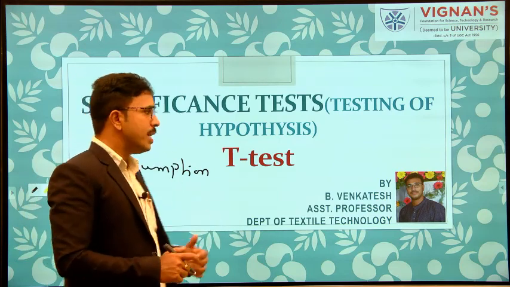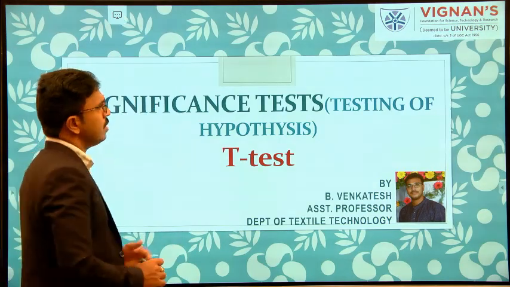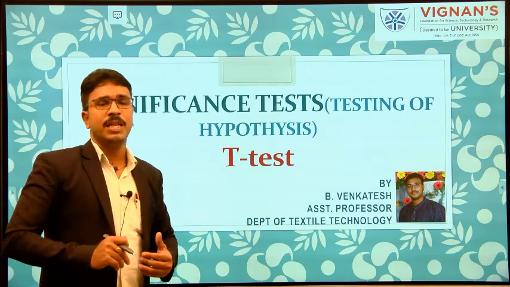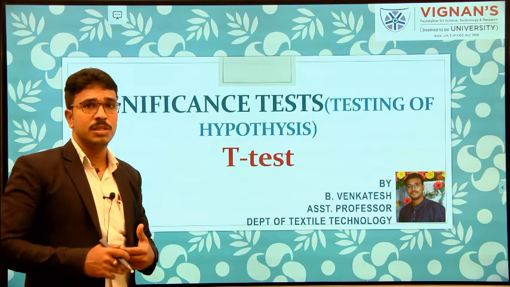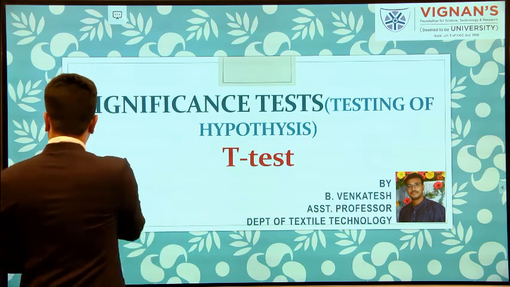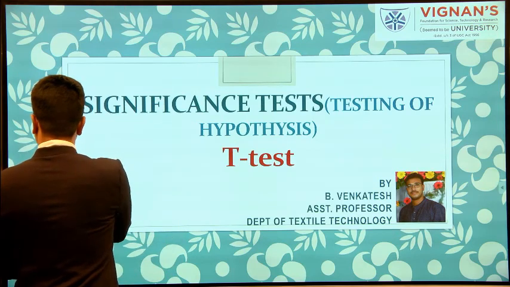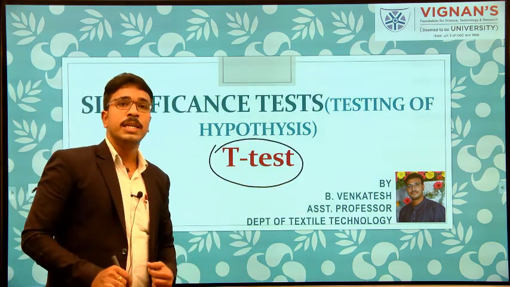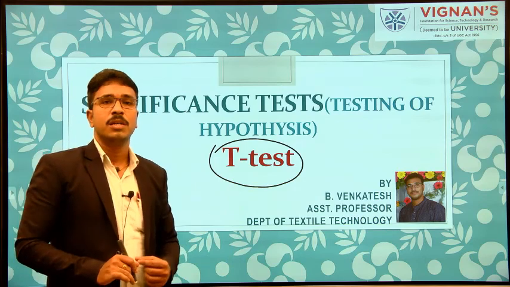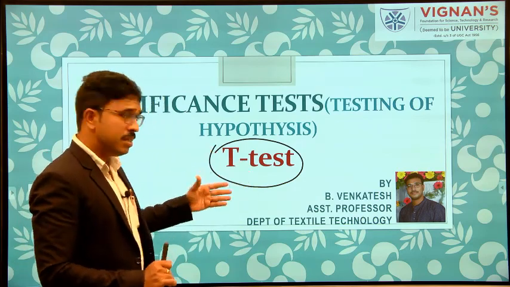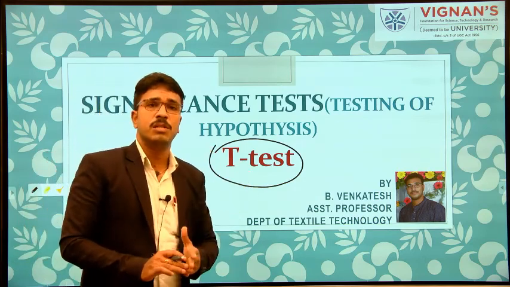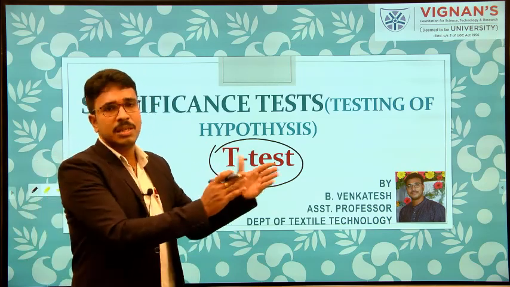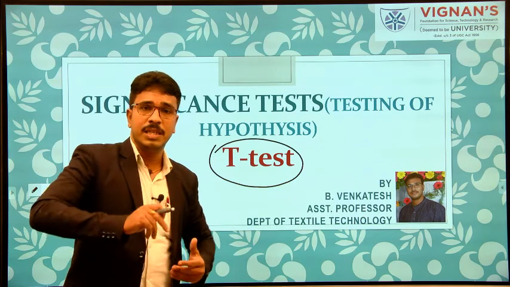Okay. Today's class, we are going to discuss another significance test, or testing of hypothesis, using the t-test. In this test also, we proceed in the same way as in the z-test.